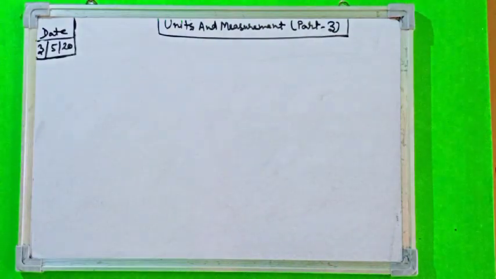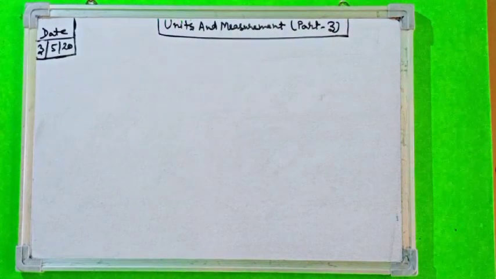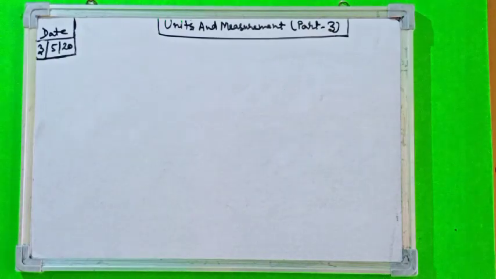As in the previous class, we had discussed the physical quantities. What are the physical quantities? What is the meaning of magnitude of the physical quantities? What are the prefixes used before the values of the physical quantities, and the units of the physical quantities?